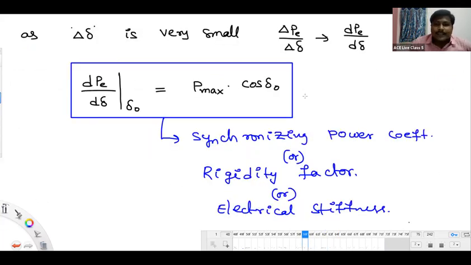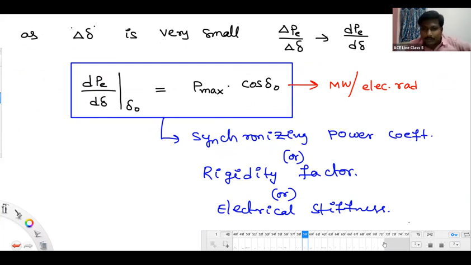What will be the units of the synchronizing power coefficient? Anybody tell me, please? It is dP by d delta, right? Differentiation of power with respect to delta means it will be megawatt by electrical radian. You have to write it as megawatt by electrical radian. That is the unit of this dPe by d delta.